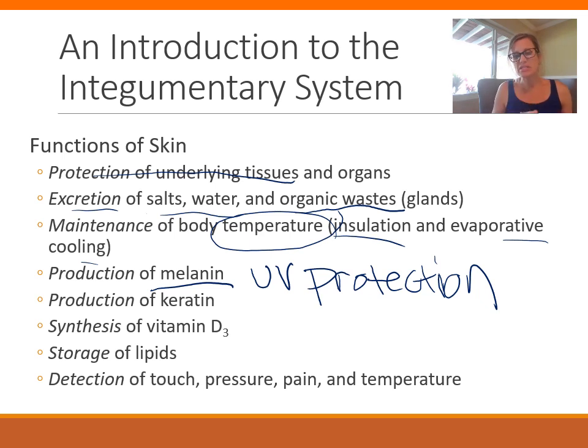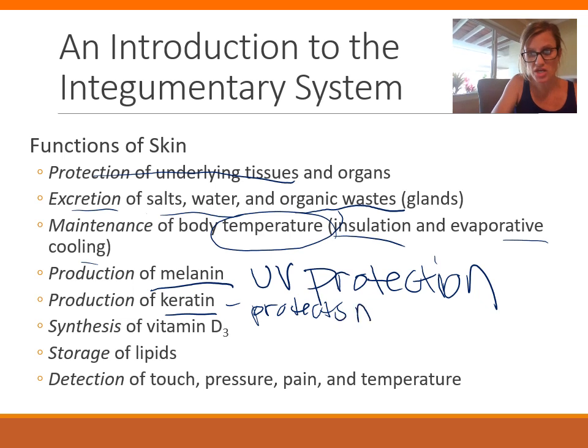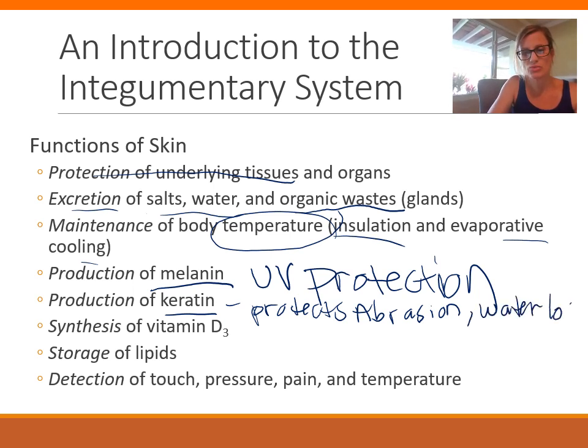The integumentary system is also important in the production of another protein called keratin. Keratin is the protein that makes our skin strong. Keratin is also in our hair and in our nails, and it makes these structures strong. Keratin protects from abrasion, which is like scratching and tearing, and it also protects us from too much water loss.